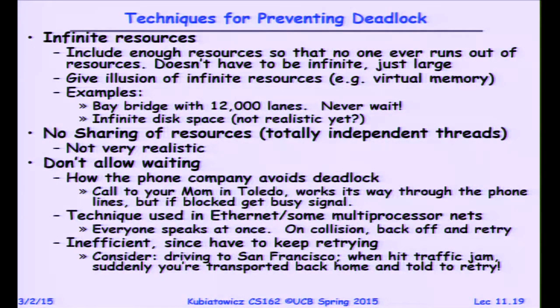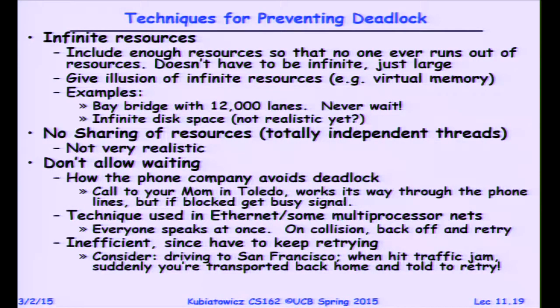How does the telephone company avoid deadlock? Believe it or not, anybody in this age of cell phones, anybody ever gotten a busy signal? A couple of you. It happens to me once in every long time, and it's like, wow, that's cool. Usually I'm annoyed immediately afterwards, but what that means is that there isn't a path, and what they've done is they've rejected your request. Rather than making you wait, they've rejected the request all the way back.